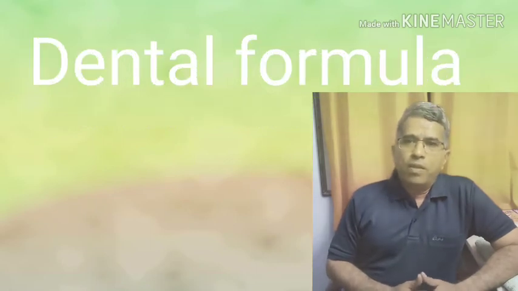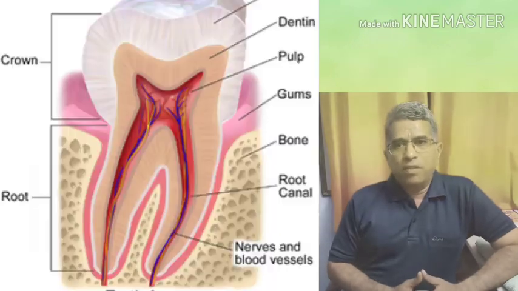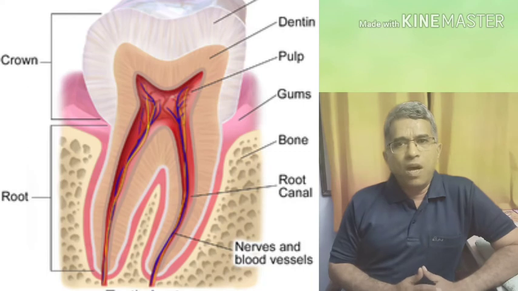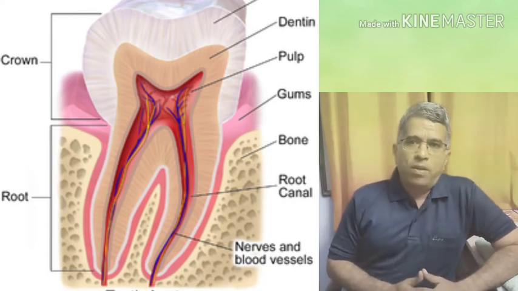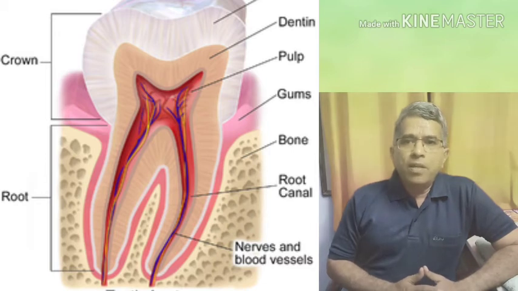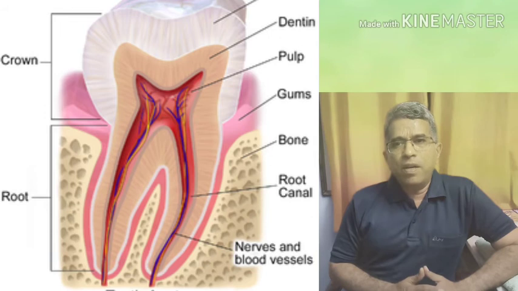Dental formula is the formula that represents the number of teeth in the half of the upper jaw and also the half of the lower jaw. The numerator indicates the number of teeth in the upper half jaw and the denominator indicates the number of teeth in the lower half jaw.